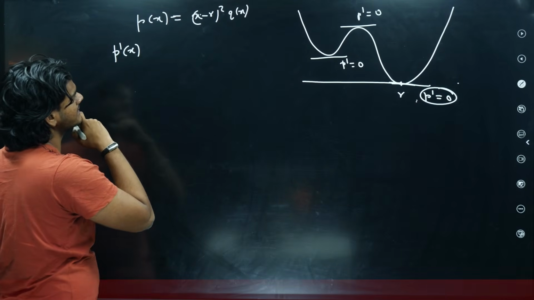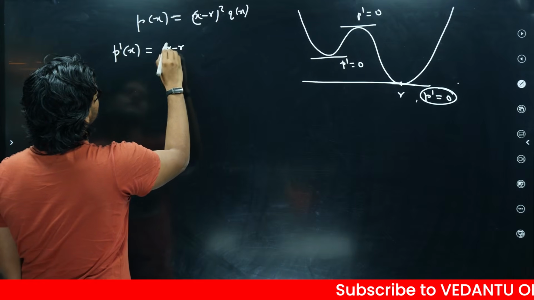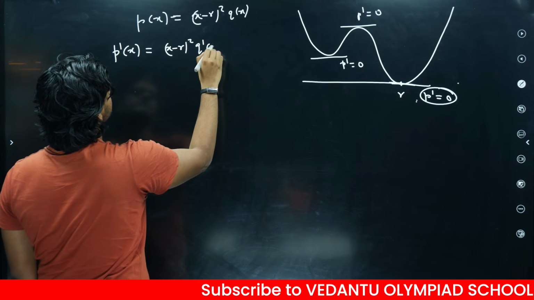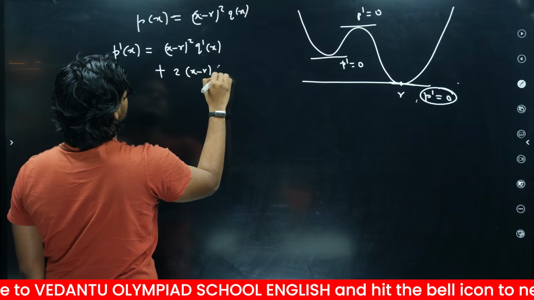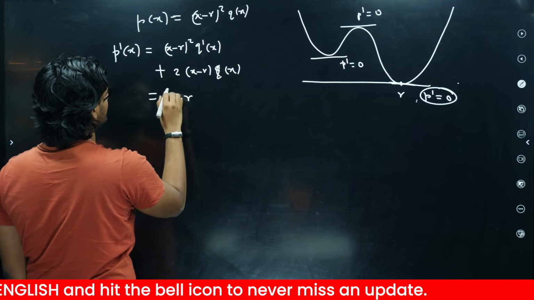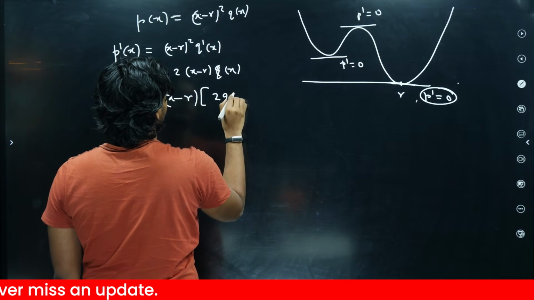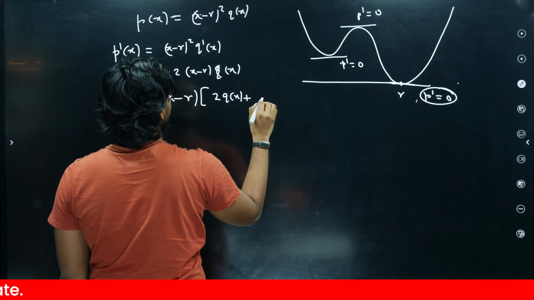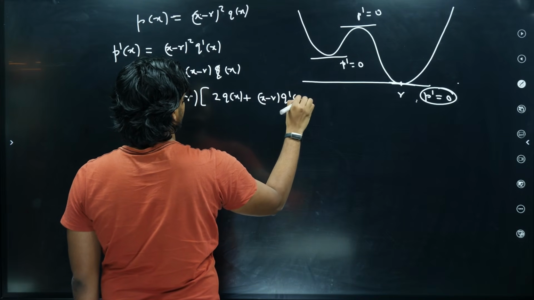Even if you look at it algebraically, p dash of x will be (x minus r) whole square into q dash of x plus 2(x minus r) q of x. So that will be basically (x minus r) into [2q of x plus (x minus r) q dash of x].